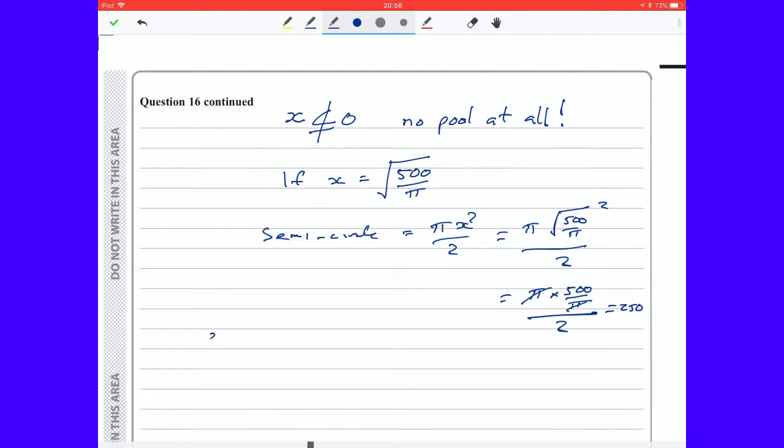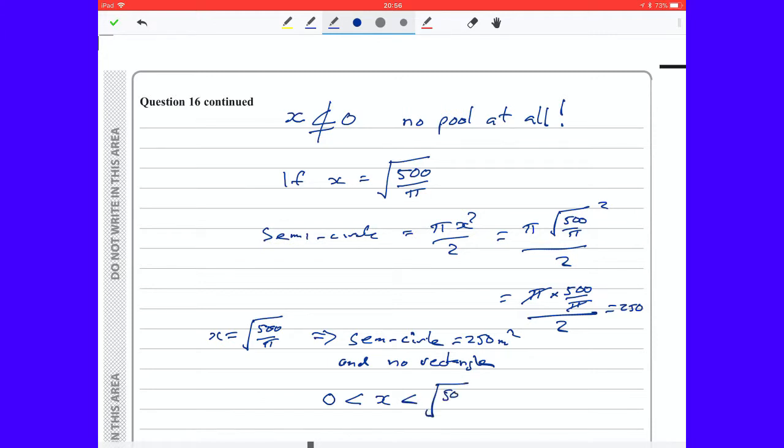So x equals the square root of 500 over pi implies the semicircle equals 250 meters squared and no rectangle. And since we're told that this pool has a rectangle and a semicircle, we can deduce that x must be strictly greater than 0, so we have a pool, and strictly less than the square root of 500 over pi, so it has a rectangular portion.